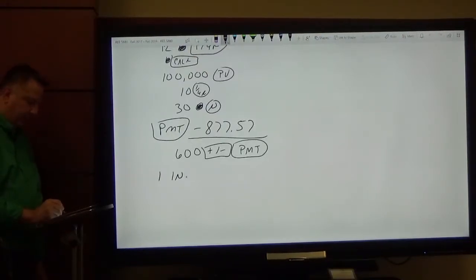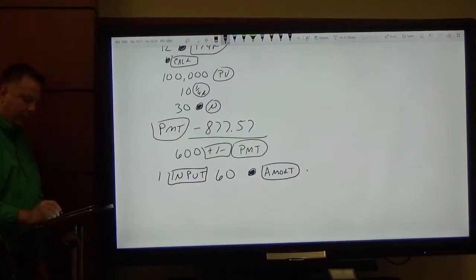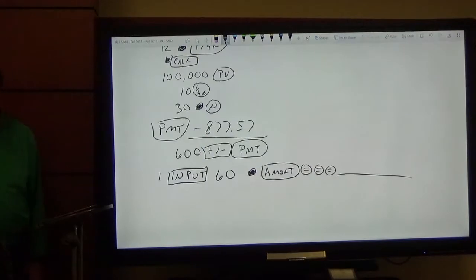So one input, 60, 12 months times 5 years. What would our balance on this loan be? $118,068.65.